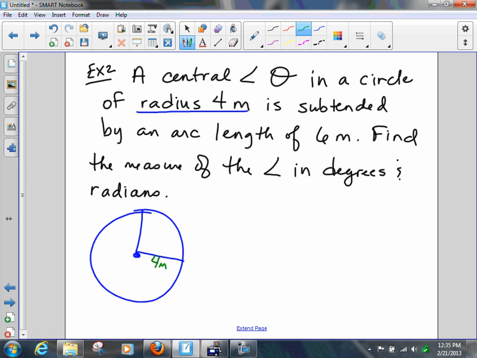Subtended by an arc length of 6 meters. Where do I put 6 meters? That is the arc, it's this right here, folks. This is 6 meters. What am I having to find this time? The angle. I've got to find theta, don't I? Does the formula change? No, the formula doesn't change. We're still going to use s equals theta r.